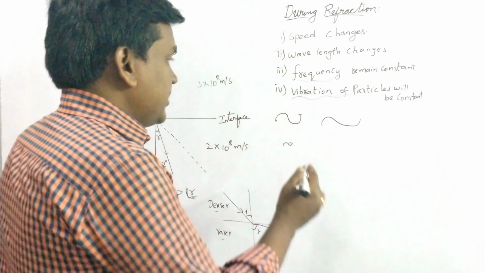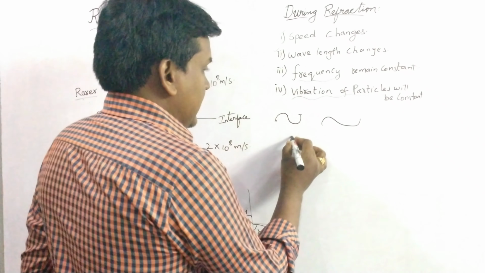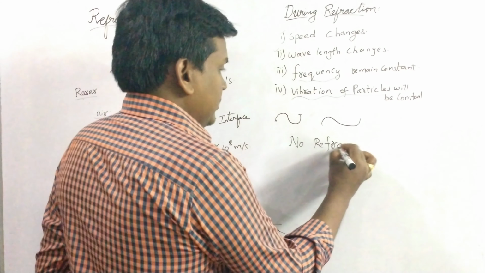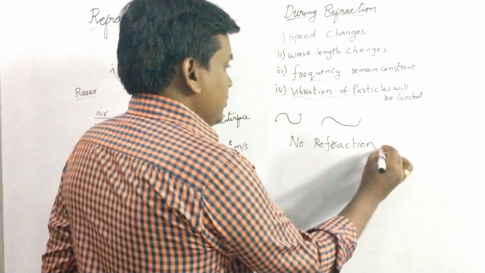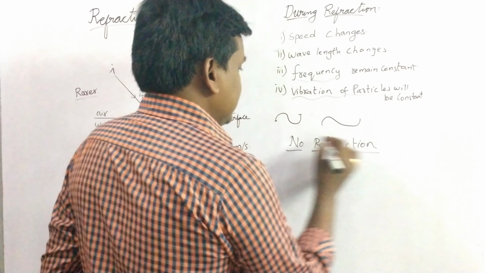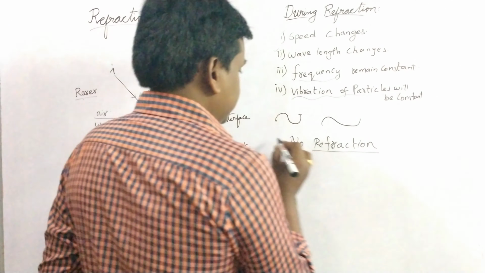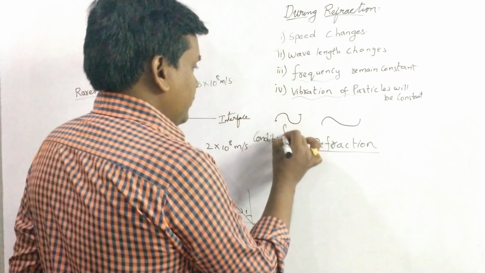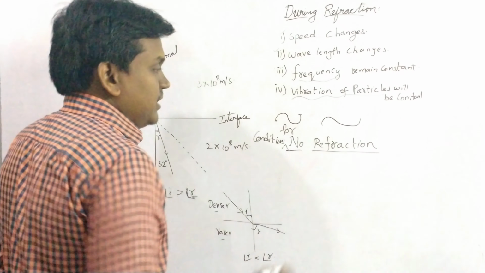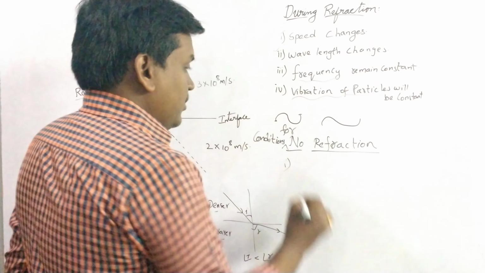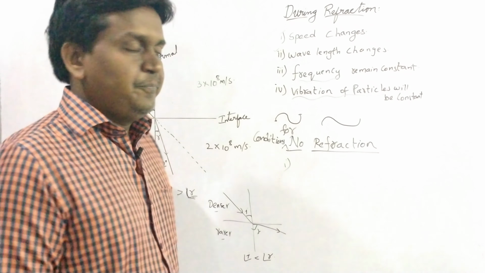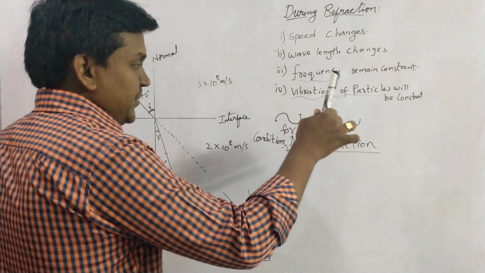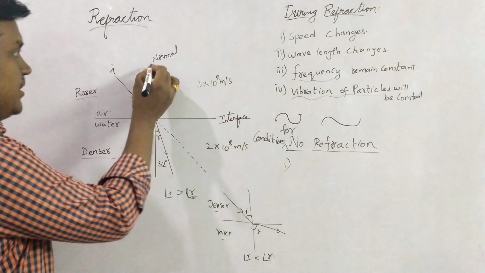Now there are some conditions for no refraction. So if there is no refraction, definitely there will be some conditions. The conditions for no refraction are: no refraction takes place when the light ray is incident along the normal. See, this is the normal.